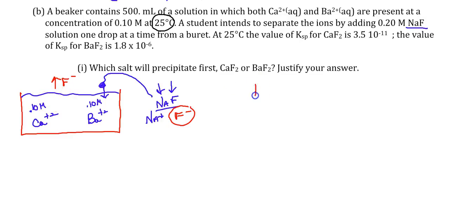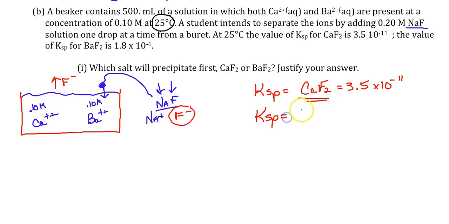They're giving me the KSP for calcium fluoride to be 3.5 times 10 to the negative 11, because the calcium fluoride is pretty insoluble. Look at that KSP. And then they're giving me a KSP of barium fluoride, and it's equal to 1.8 times 10 to the negative 6.